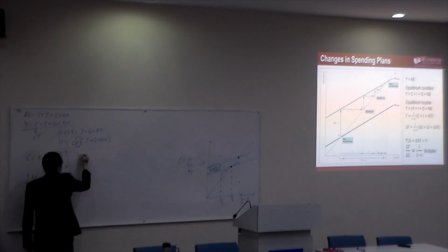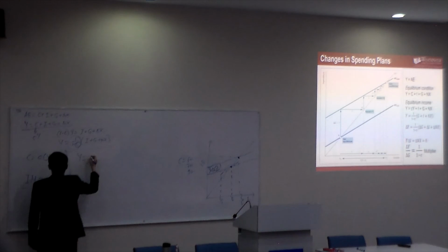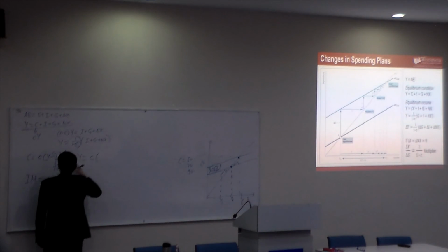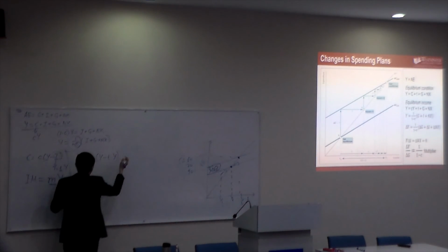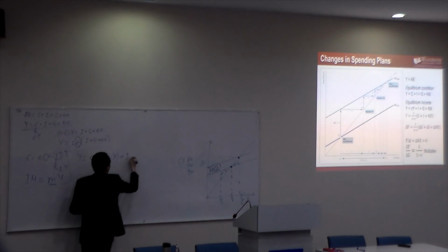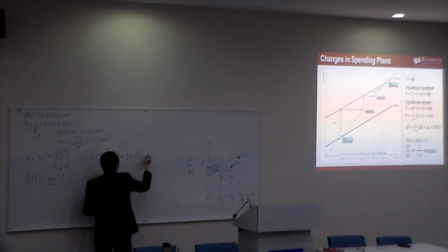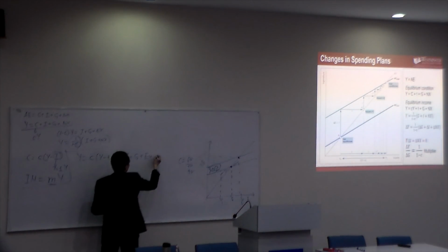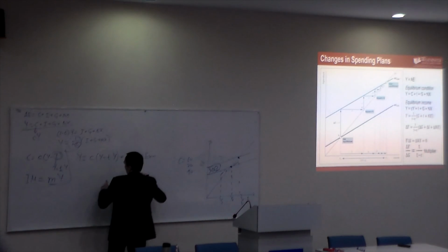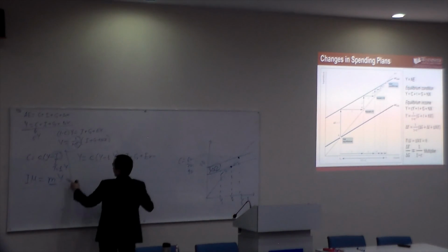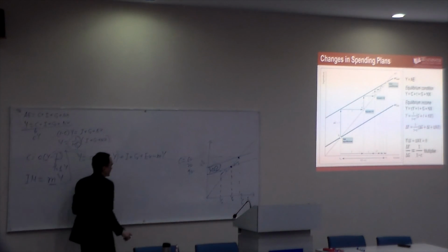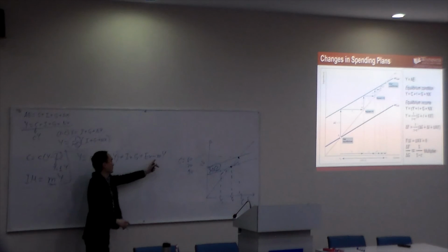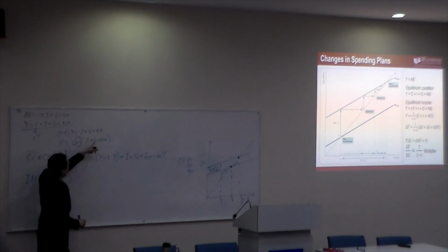Which is going to give us our income is equal to marginal propensity to consume times income minus tax times output, plus investment plus government spending plus export minus marginal propensity to import times y, yes? Because export minus import gives us net export.